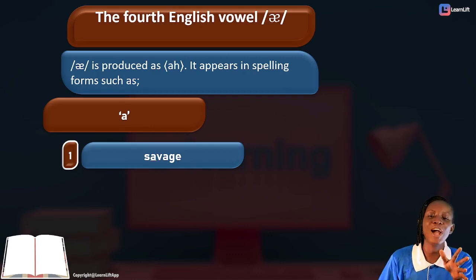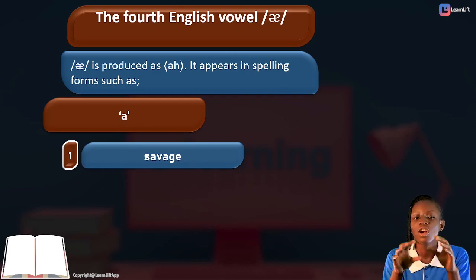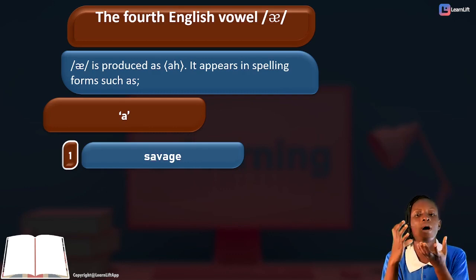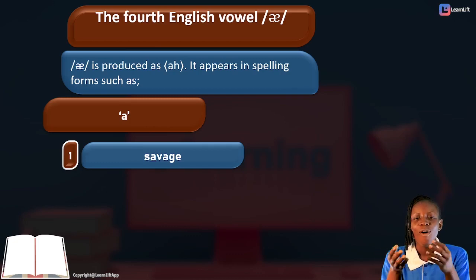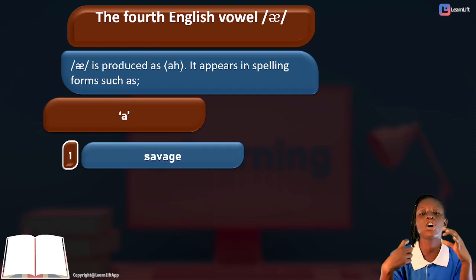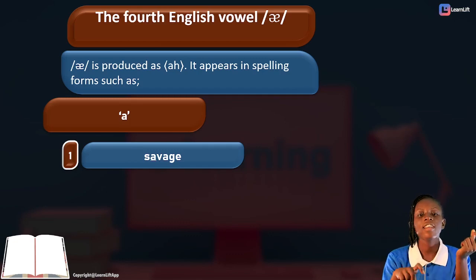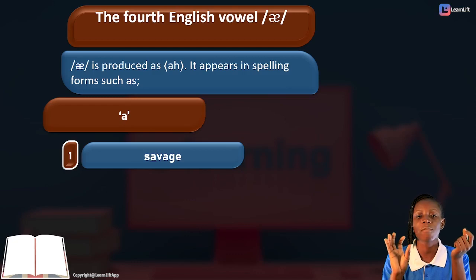Now we'll be transcribing savage together to see how this sound comes in. Why do we need to transcribe? We have said in our previous classes that transcription gives us a verified answer and makes us firm in what we are saying. If I'm given the transcription of a particular word, it will guide me on how to pronounce that word.